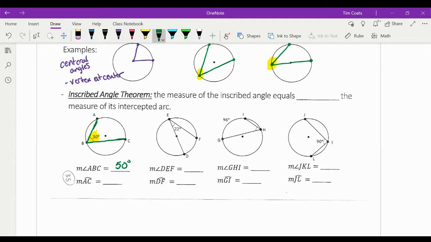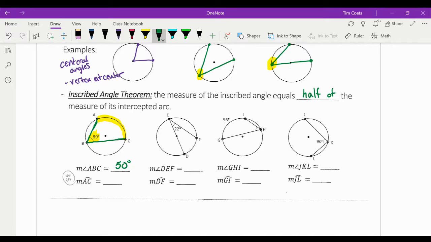Now what it's asking is, could we find its intercepted arc, which means the arc that would connect the two chords. So the arc that would connect A to C in this case, or the ends of the two chords. What this reads is the measure of the inscribed angle equals one half of the measure of the intercepted arc.